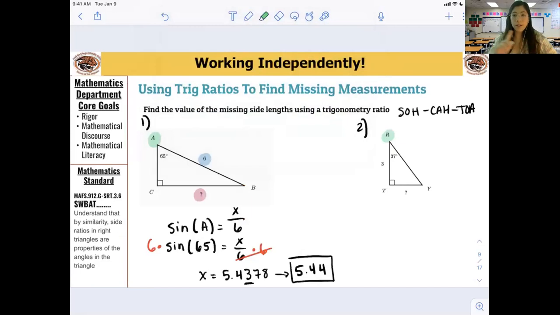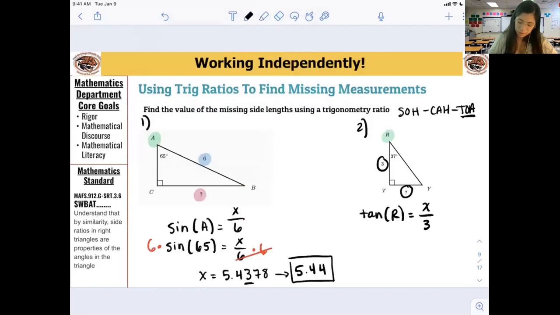Okay, so careful, Tyrone, because cosine would be 3 over the hypotenuse, but we don't know the hypotenuse. That's not what we're concerned with. We're concerned with the opposite side. So I have the opposite side and the adjacent side. So I need tangent, because that's opposite over adjacent. So the tangent of the angle is x over 3.